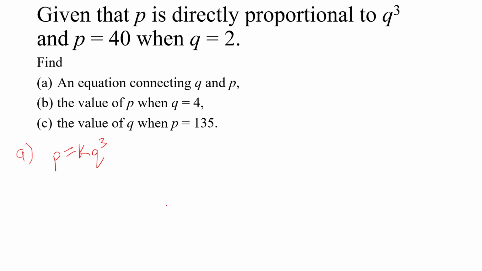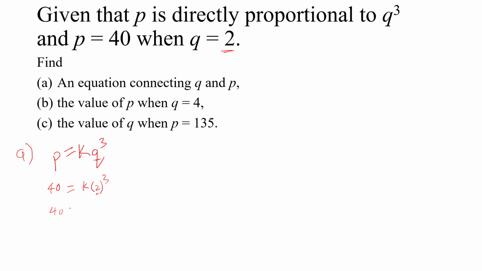Alright, I hope that you have tried out the question. So you just have to substitute 40 in, and k times 2 to the power 3, because Q is equal to 2, we change Q into 2.